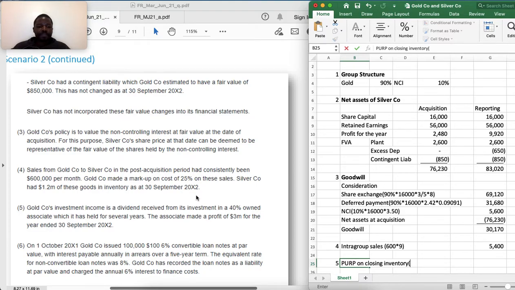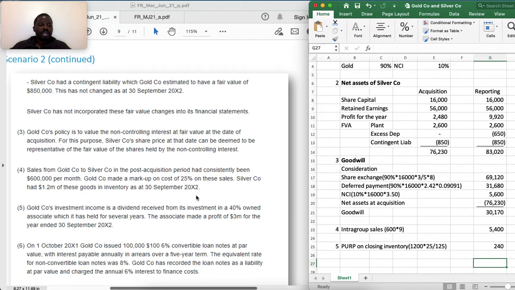So we'll say 1,200 for 1.2 multiplied by 25 divided by 125, like that. So we have to remove that PUP of 240. How do we remove that? We credit inventory as we are reducing the inventory and debit the cost of sales. That's what we'll do, add that figure to the cost of sales.